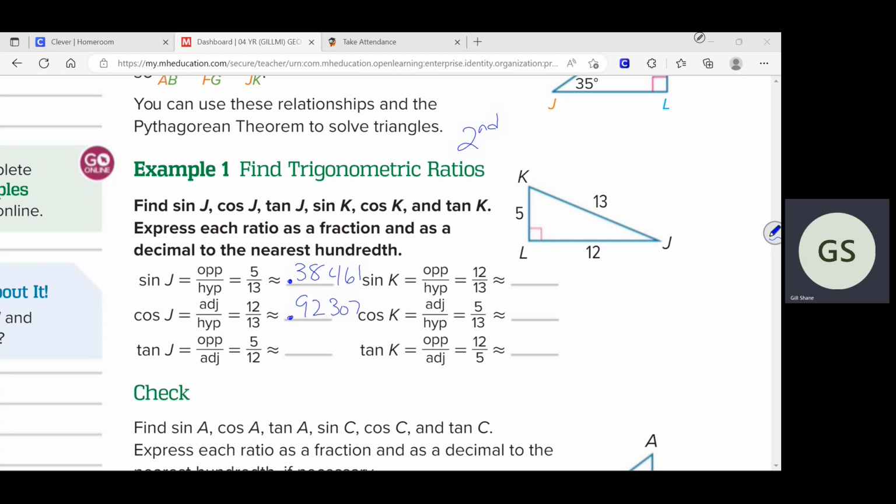Then hit the sine button, and it'll do a weird thing where it does sine but puts a little exponent of -1. Now punch in 0.38461, the decimal that you came up with right there.